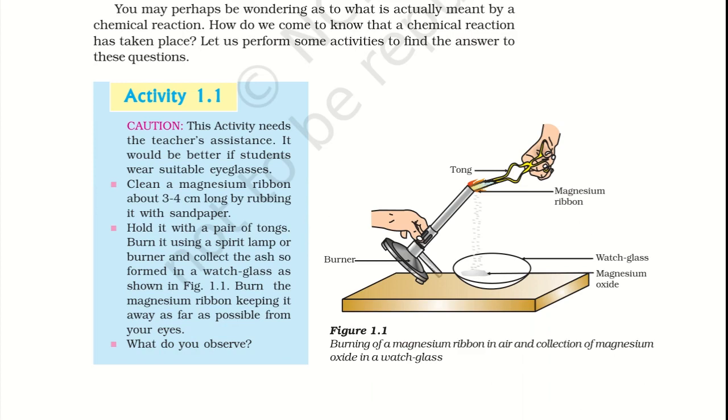Here, if you see activity 1.1, a magnesium ribbon of 3 to 4 centimeters long is rubbed with sandpaper. Then it is held with a pair of tongs and burnt using a spirit lamp. It burns with a dazzling flame. And you can see here, after burning, it becomes a white powder, that is magnesium oxide.